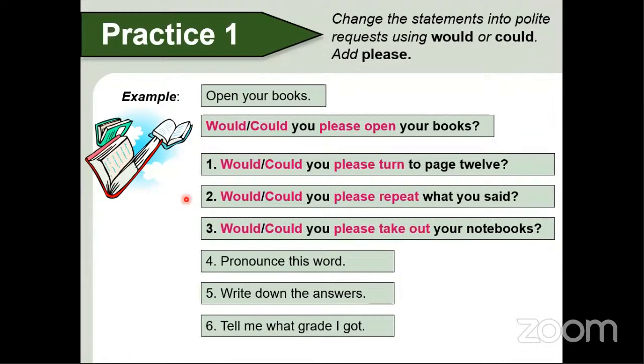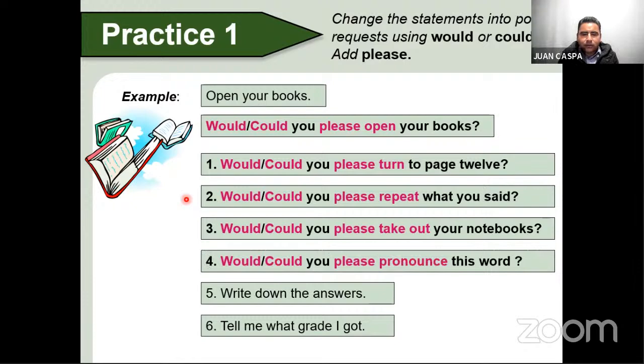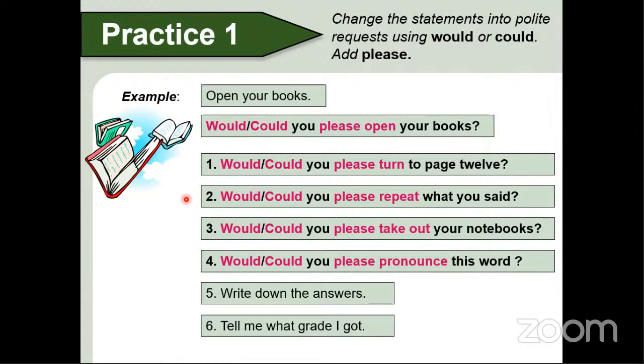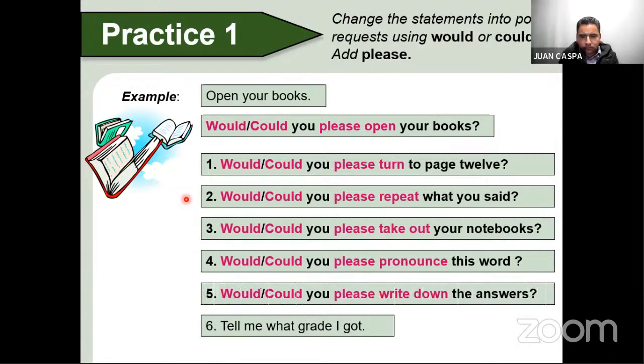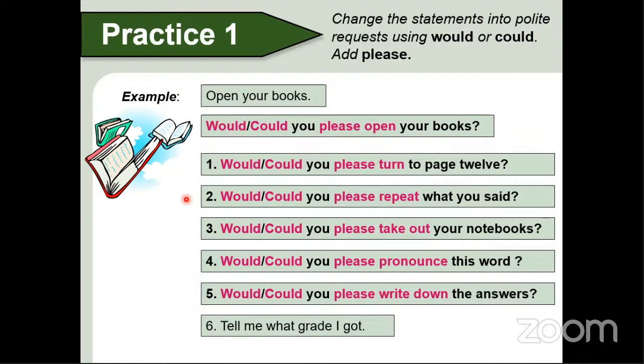Would you pronounce this word, please? Very good. The next one. Will you please write down the answer? And could you tell me what grade I got, please?